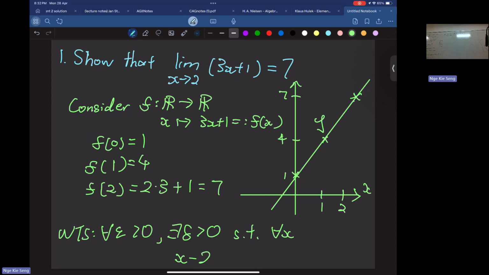If x minus 2 is less than delta, this will imply that f(x) minus 7 is less than epsilon.